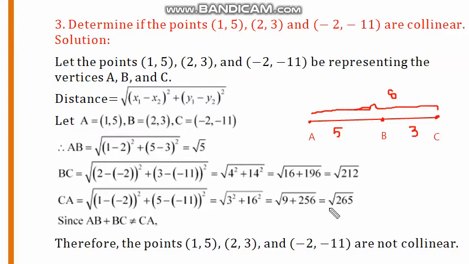Then you will get square root of 265. Now we need to verify the condition. Add AB plus BC. We cannot add these directly, but AB plus BC is not equal to AC. So this is not equal, and directly we can say that the given points are not collinear points.